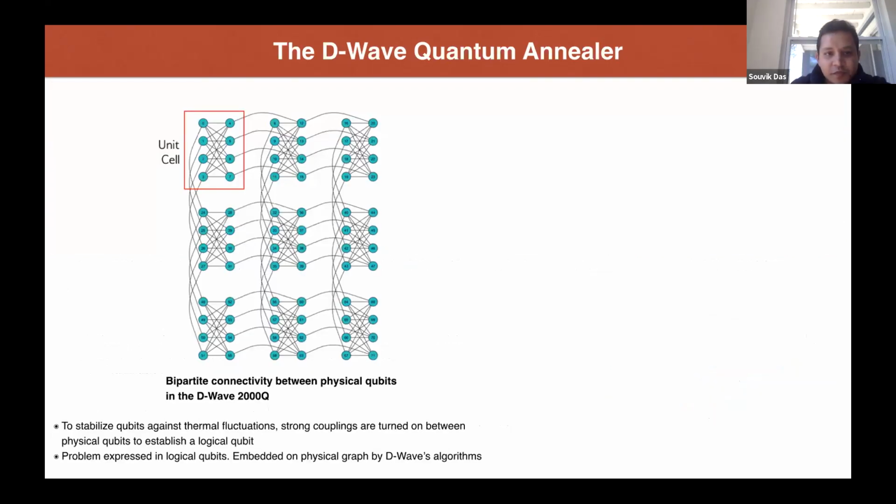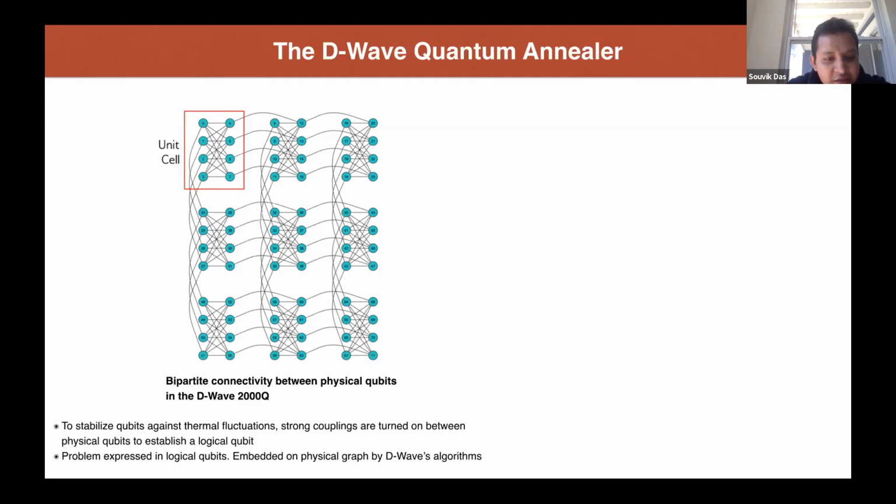So there are a few more hiccups on the D-Wave machine. To stabilize qubits against thermal fluctuations, they induce strong couplings between physical qubits to establish a logical qubit. On the left is a picture of how the physical qubits are connected to each other, and the lines that have been shown are the couplings that are allowed.